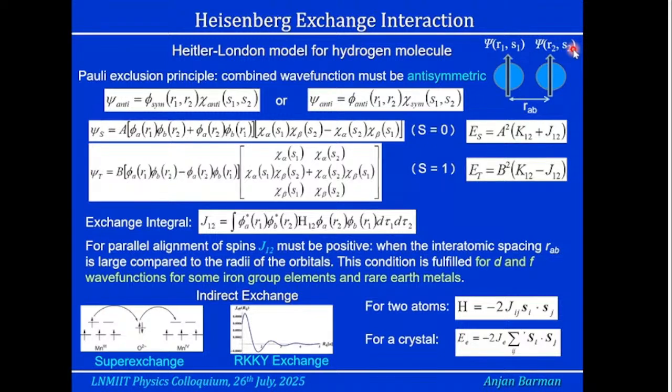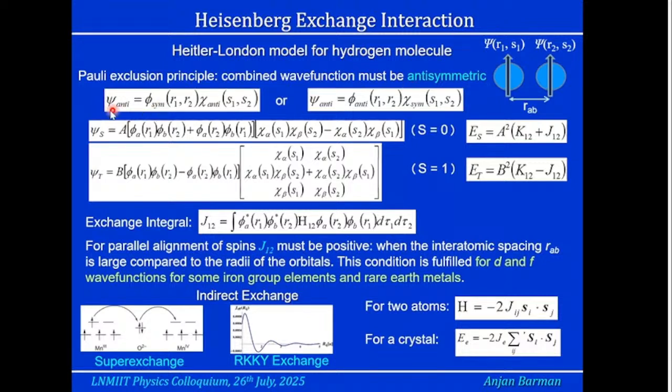So two electrons with the same spin state cannot in principle occupy the same quantum state. The consequence of Pauli's exclusion principle is that the combined wave function of these two electrons must be antisymmetric.